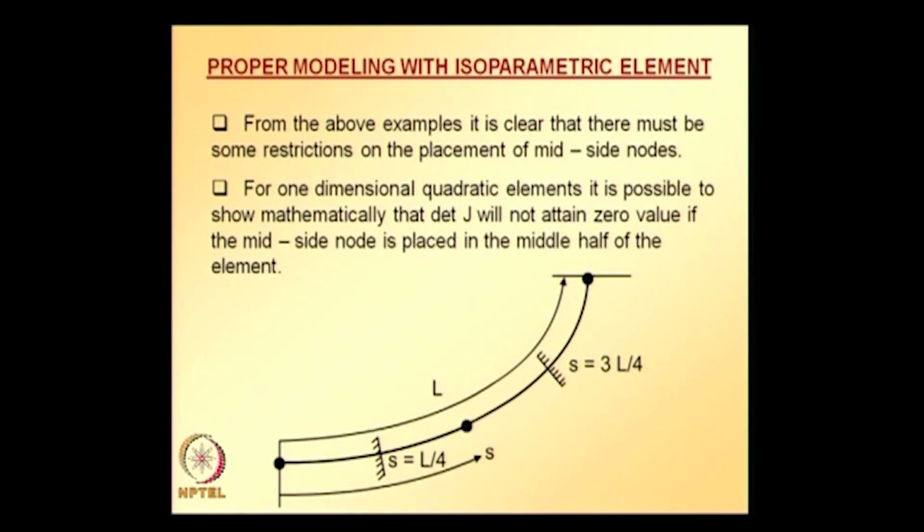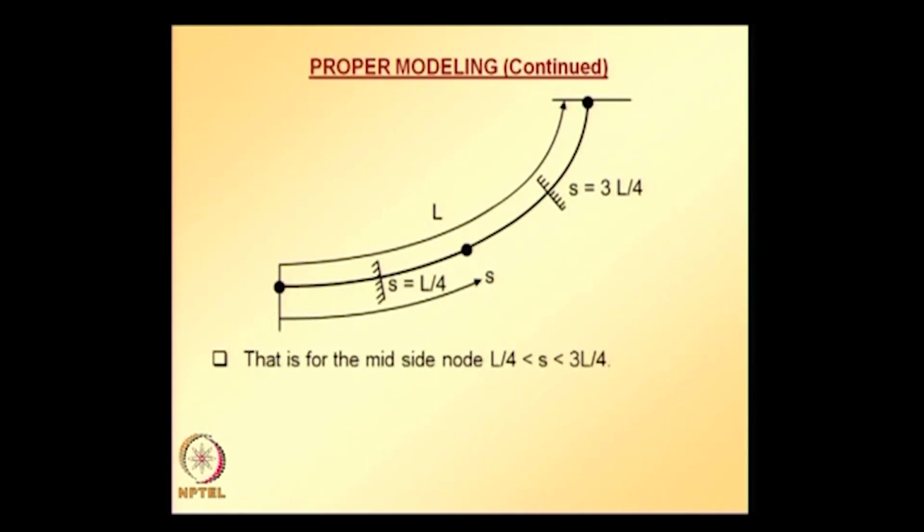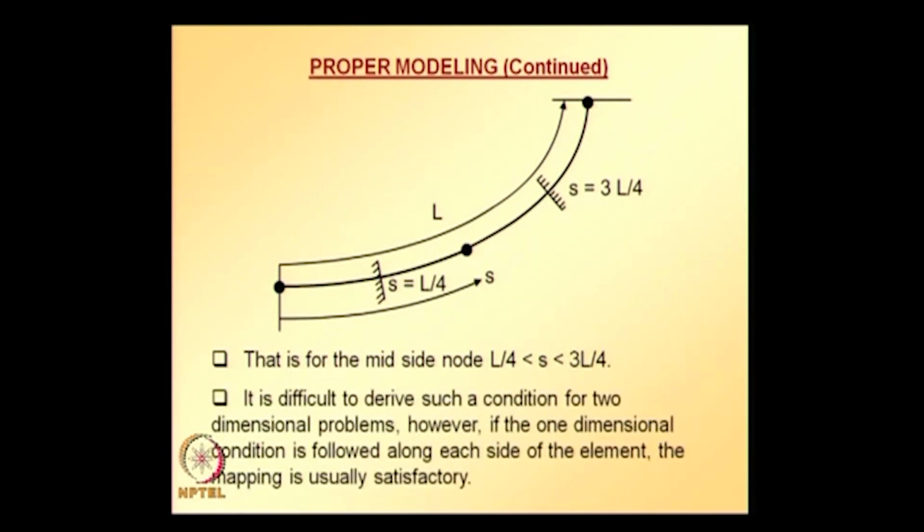The same thing we can extend to the 2 dimensional case. So the placement of the mid-side node should satisfy this condition: S should be between L over 4 and 3L over 4. It is difficult to derive such a condition for 2 dimensional problems.